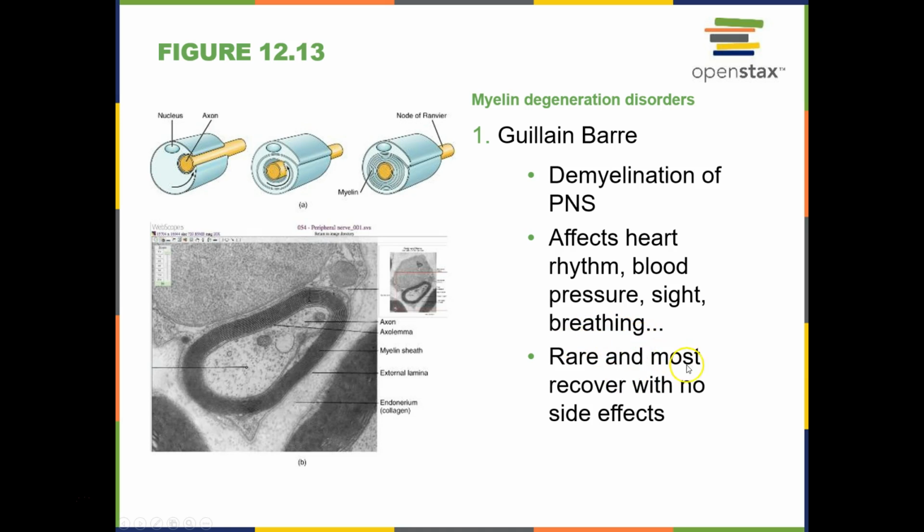That's autonomic activity. The difference between this and multiple sclerosis is that in this disorder, almost everybody usually recovers. Whereas in multiple sclerosis, you have periods where you're having no problems, and then the immune system starts attacking again.